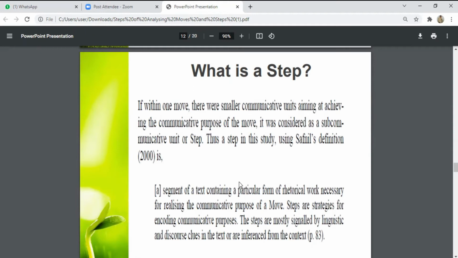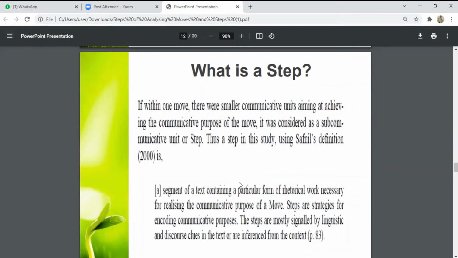Because the move is big, it can be divided into several steps, and all steps in one move support the communicative purpose of the move. Steps are strategies for encoding communicative purposes. The steps are mostly signaled by linguistic and discourse clues in the text or are inferred from the context.